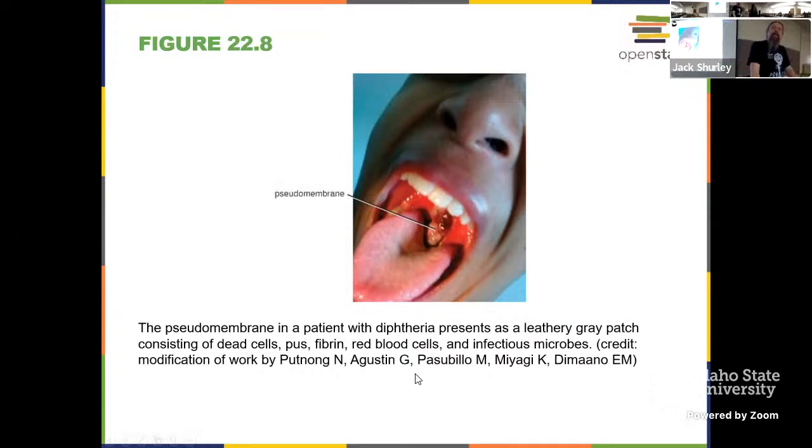Diphtheria, Corynebacterium diphtheriae is the culprit for diphtheria, creates these patches in the throat. Kind of leathery gray. It's a bunch of dead cells. There's pus and fibrin. There's some red cells and the bacteria too, all of it together, all right? Setting the stage for that, all right?